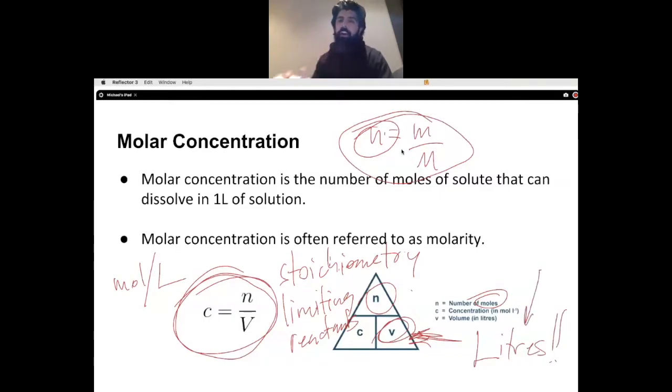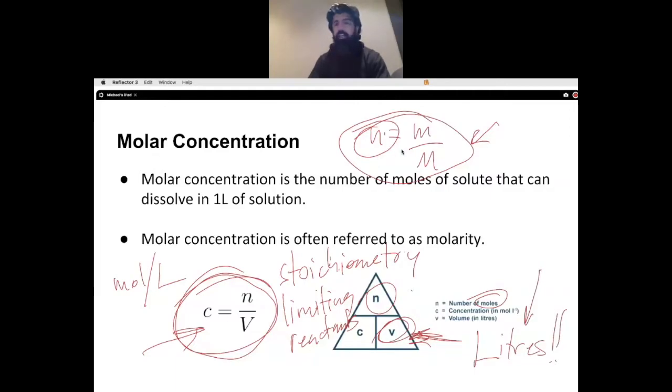Liters need to always be your volume units when dealing with concentrations in any type of stoichiometry problem. Sometimes we might revisit this equation to help us find numbers in this equation, as you'll see in the sample problems this evening.